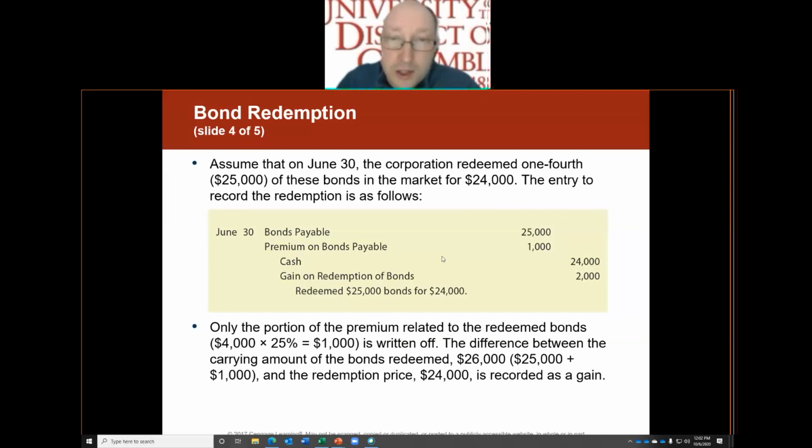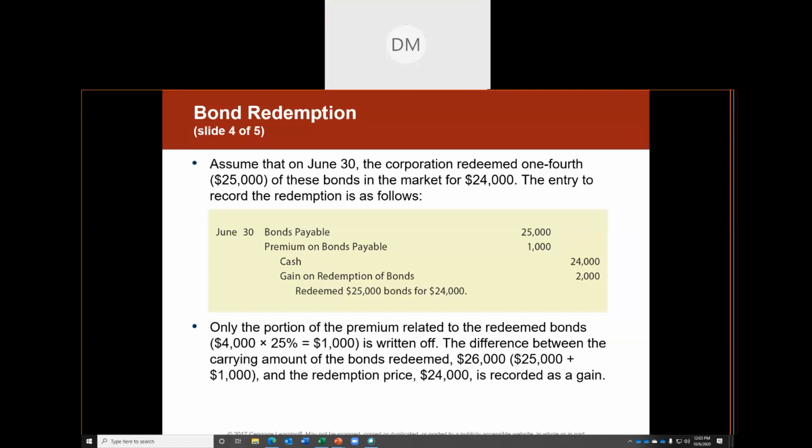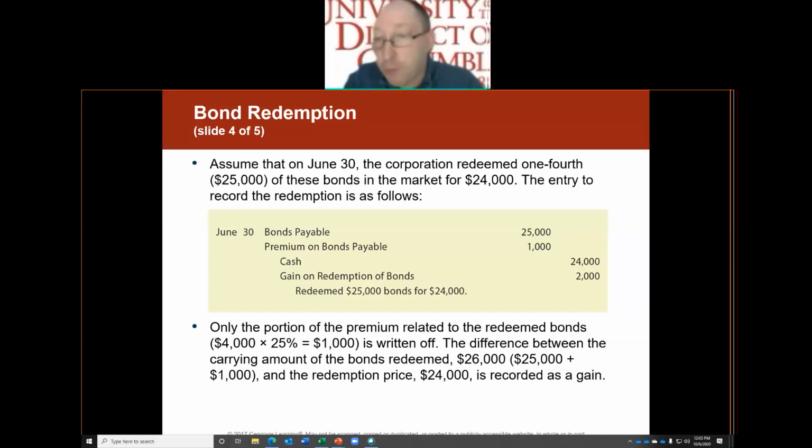Let's look at this example. Let's assume that the corporation redeemed 1/4 of the bonds before the maturity date. As you know, when something gets redeemed before maturity, the company pays out a premium.